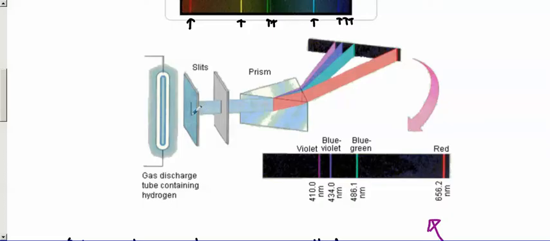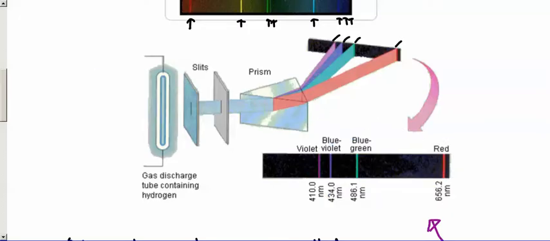Here's another picture of what's going on. We've got a gas discharge tube, kind of looks like a fluorescent tube. It's attached to some source of current. Light comes out of it, goes through a slit, through another slit, through the prism, which spreads it, and I get very specific colors being given off. And here they are right here.